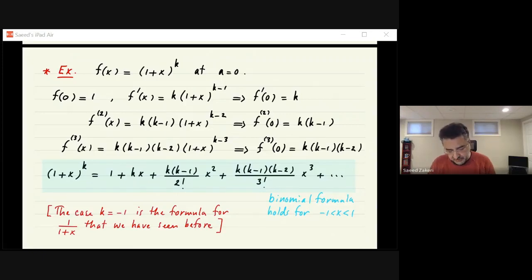A lot of people who actually use this type of approximation on a daily basis in their work usually use the linear part. So if x is a small quantity near the origin, which is the center of this approximation, 1 plus x to the power k would be roughly 1 plus kx.